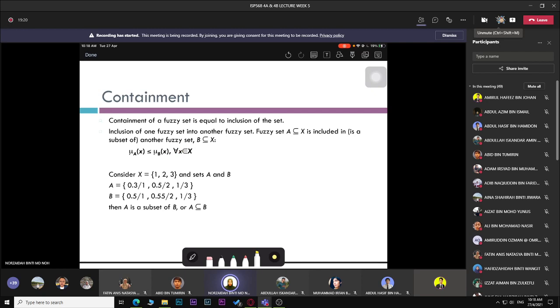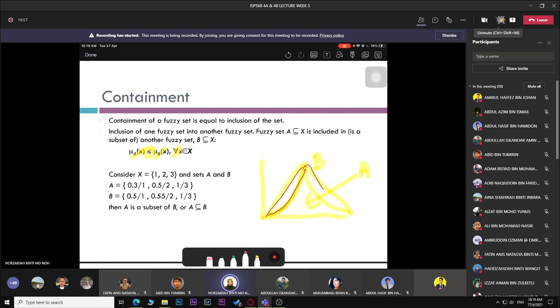In containment, we look at this universal X, meaning all elements in X must be in the superset. And if we say A is a subset of B, its degree of membership must always be smaller. Because if we look at the graph, say the outer one is B and A is here, its degree of membership is always less than B. B is the one on top.